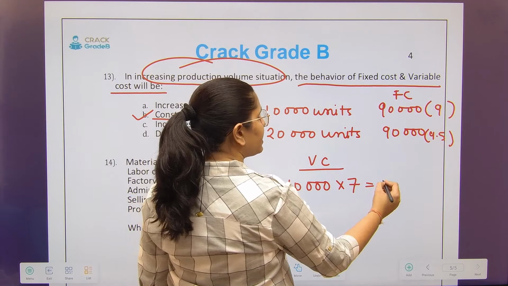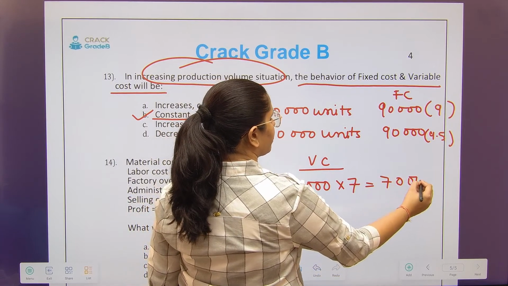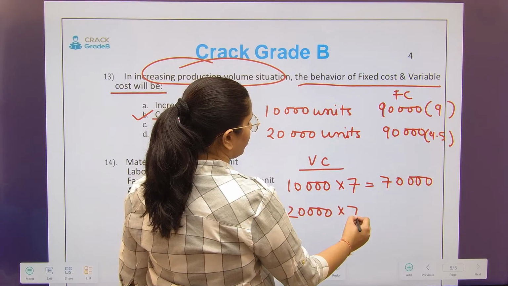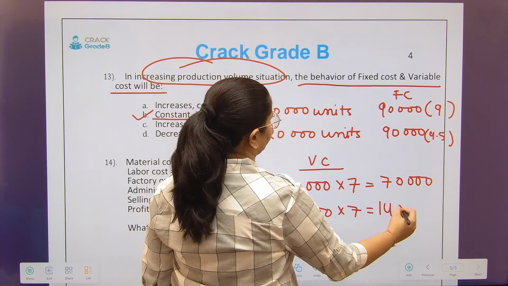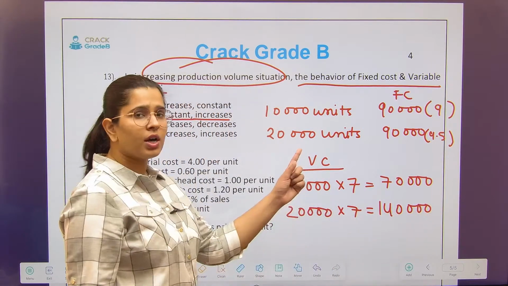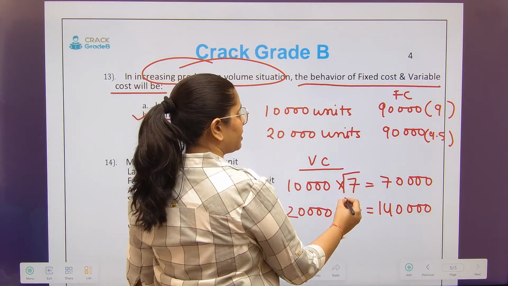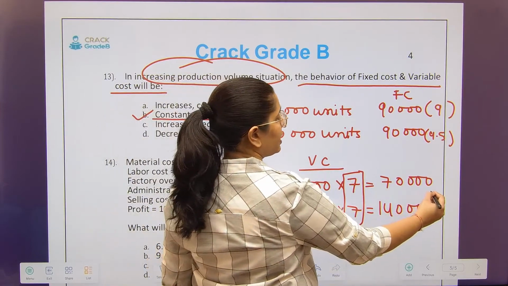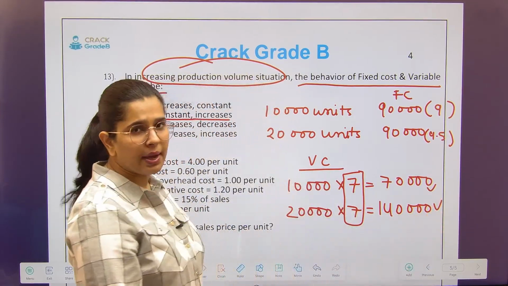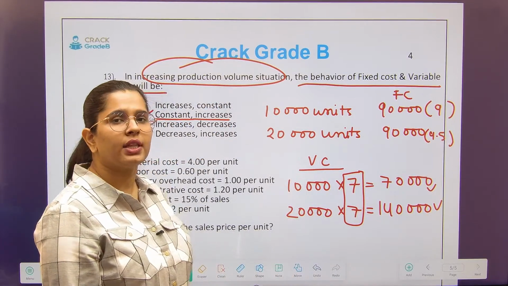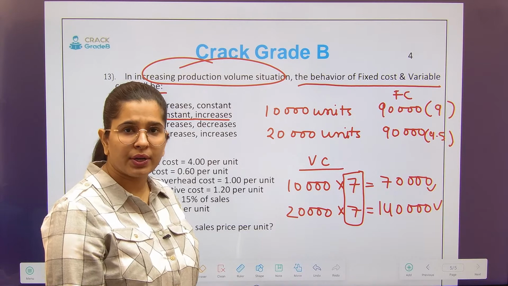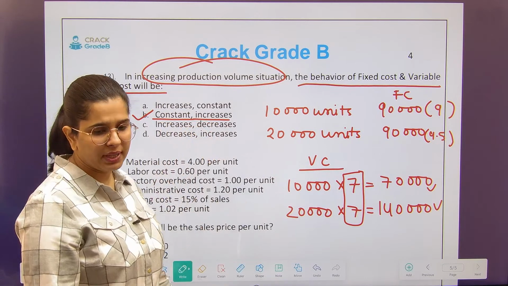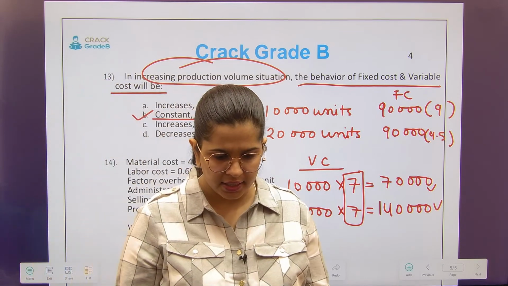So when you were producing 10,000 units, at that time your total variable cost was 70,000. Now when you are producing 20,000 units, your variable cost will become 140,000. So variable cost is constant if we talk about per unit basis, but variable cost is increasing if we talk about absolute basis. So always check in the question whether it is asking you per unit basis or absolute basis. Here in this question I have just one correct option, that is constant and increases.